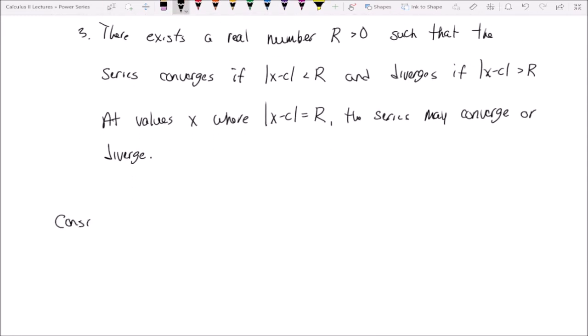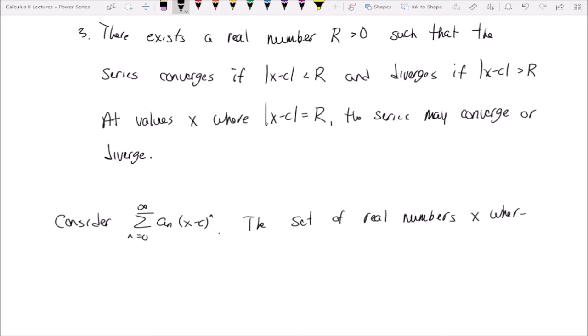So if we consider the series n equals 0 to infinity a sub n x minus c to the n, the set of real numbers x where the series converges is called the interval of convergence.